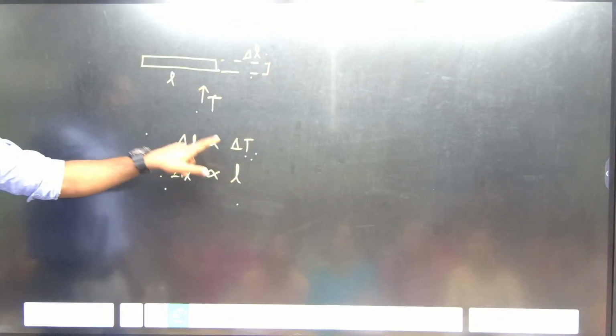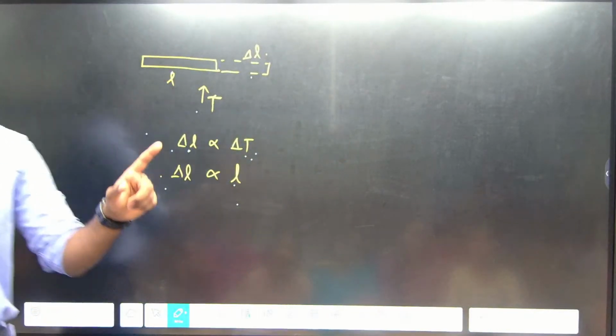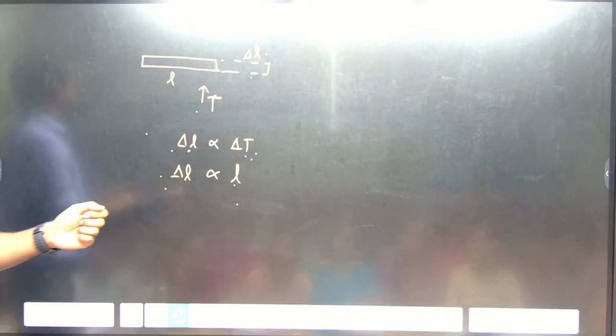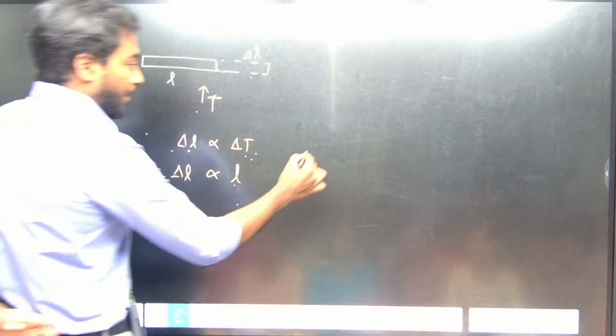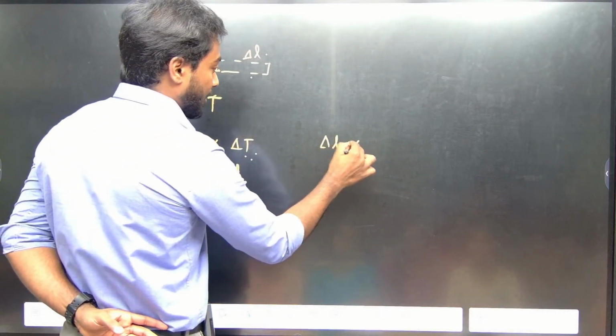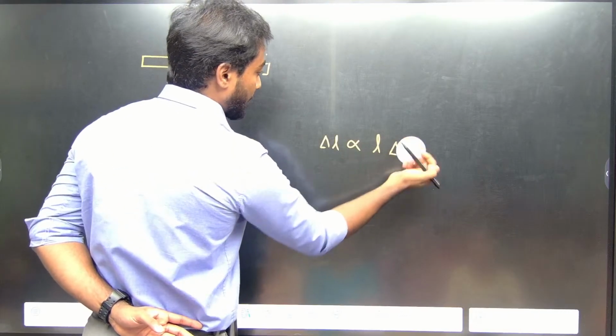If temperature increases, expansion also increases. It depends upon the length also, no? If I consider 1 centimeter or 10 centimeter, the 10 centimeter rod will expand more compared to 1 centimeter. So can I combine both of them? Delta L is directly proportional to the length as well as the change in temperature.